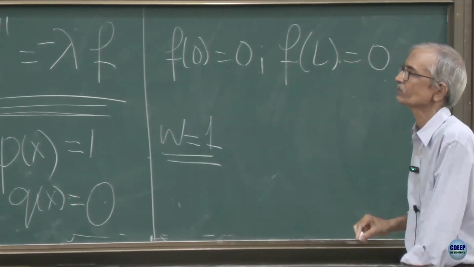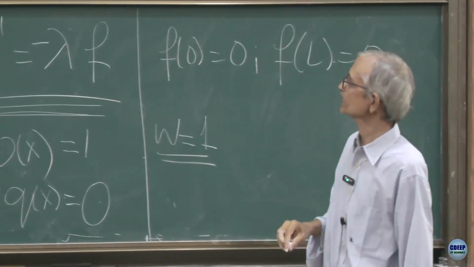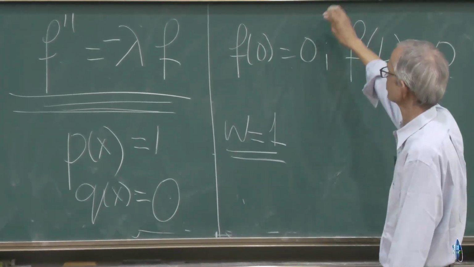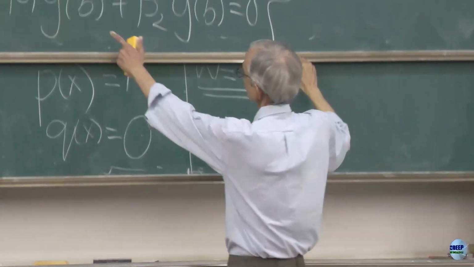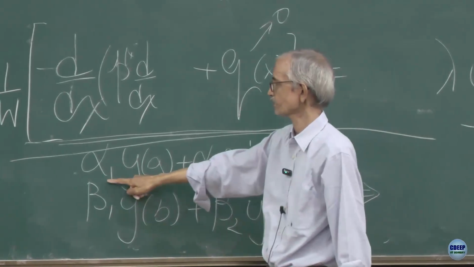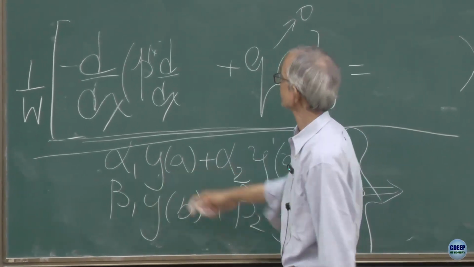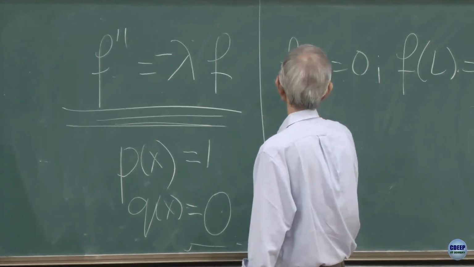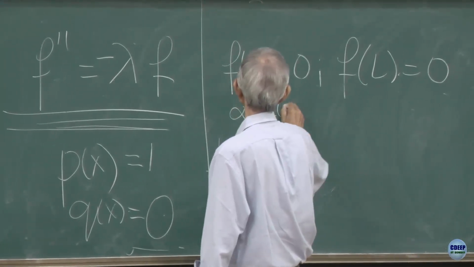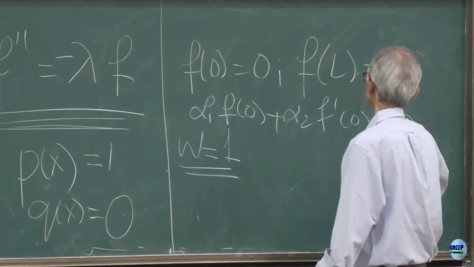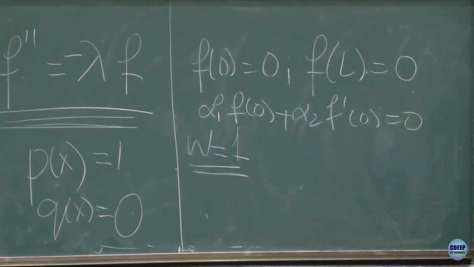So w equal to 1, and the boundary conditions were f(0) equal to 0. Here, what is alpha 1 therefore? Alpha 1 f(0) plus alpha 2 f prime(0) equal to 0.